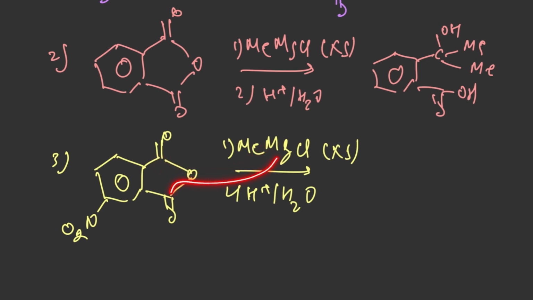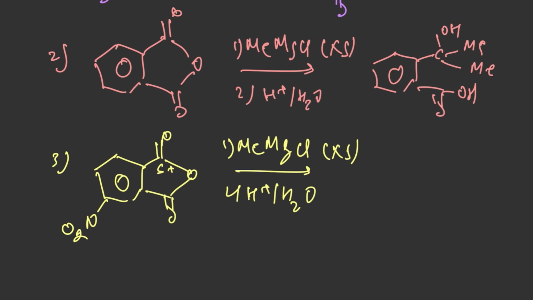NO2 has a minus I effect on the ortho and para positions, so it will intensify the delta positive charge there, because it has a minus M effect at the ortho and para positions.